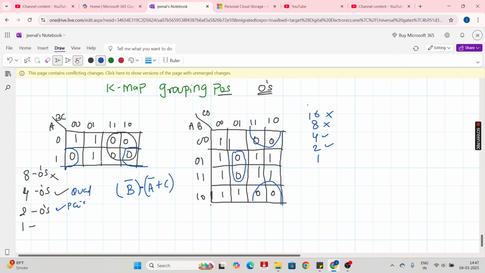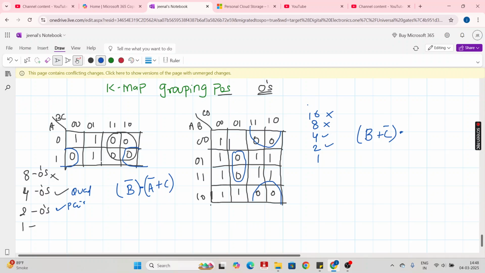Let's write the equation for the quad. I have B remaining the same, which is 0. So I have B, and amongst C and D, C is the same with 1, so it is C bar. So I have B plus C bar. So this is my sum. I have another sum to which I will do the product, and hence it will become product of sums.